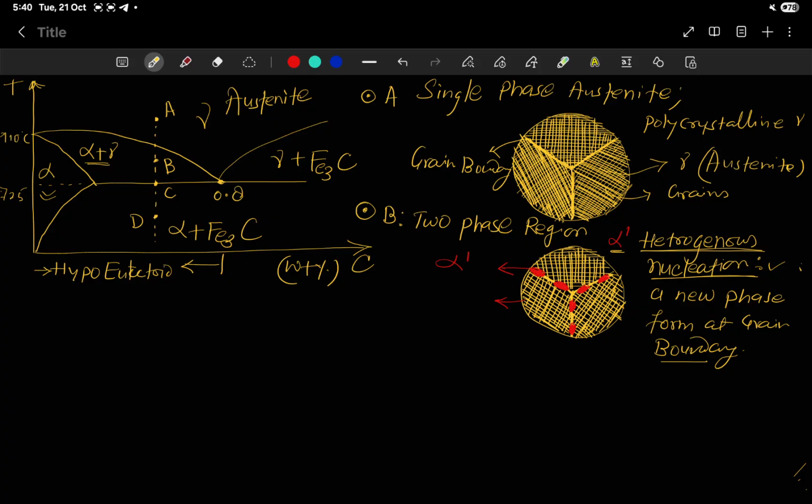Now let's try to see what is happening at point C. Point C is just above the eutectoid point.